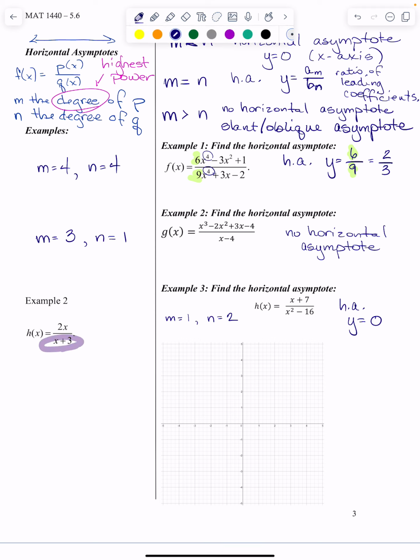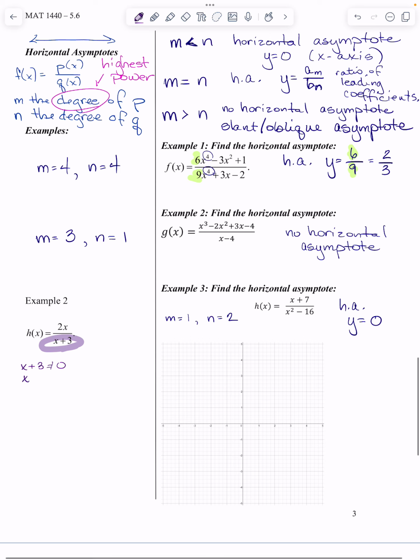Let's see if we can match up colors. X plus 3 cannot be 0, so x cannot be negative 3, which means I have a vertical asymptote at x equals negative 3. So there is my vertical asymptote. My graph is not going to cross.